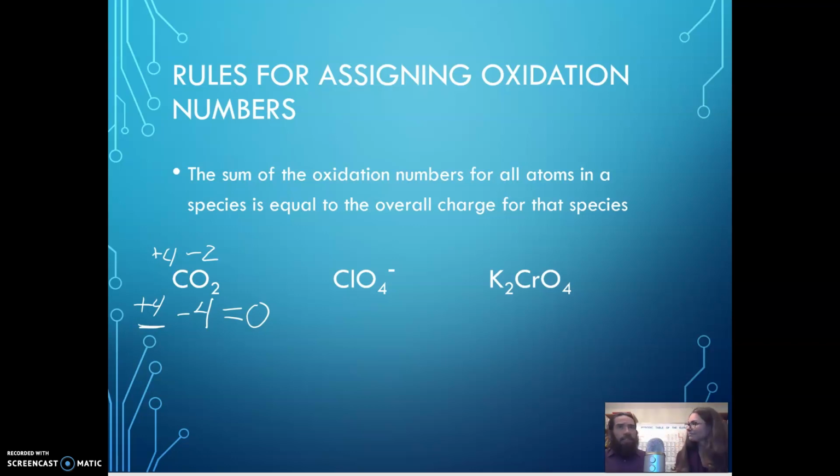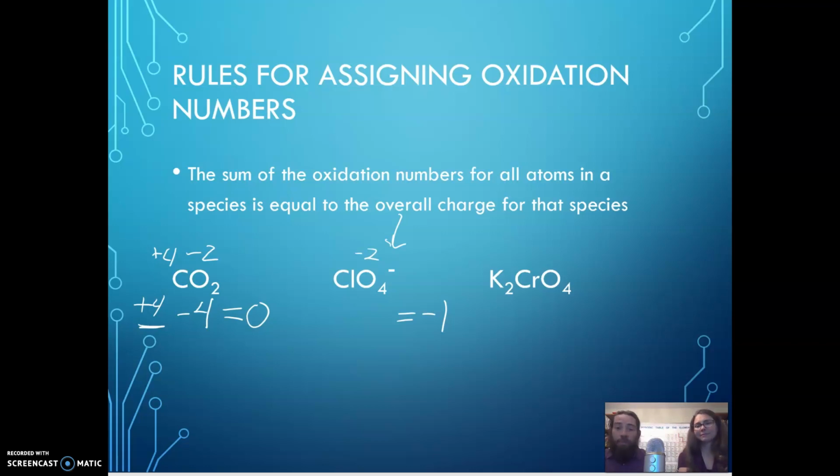And we were talking about the neutral compound, and if you're confused about how to know if it's a neutral compound, well, if it's not, you'll see a charge, and that'll be in the upper right, like in this next example. So this polyatomic ion has a total charge of -1. So this is all going to equal -1. And again, we can lean on oxygen pretty heavy here because we don't have that peroxide situation.